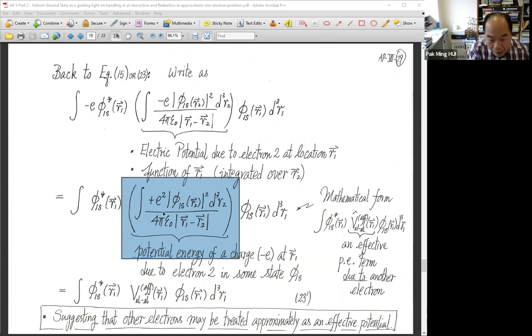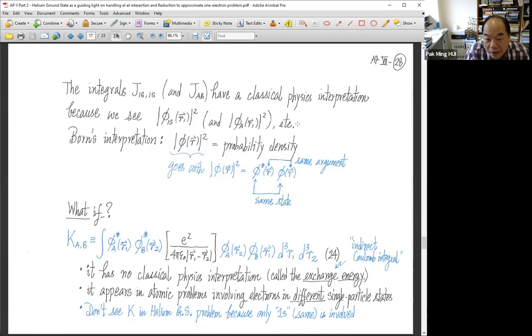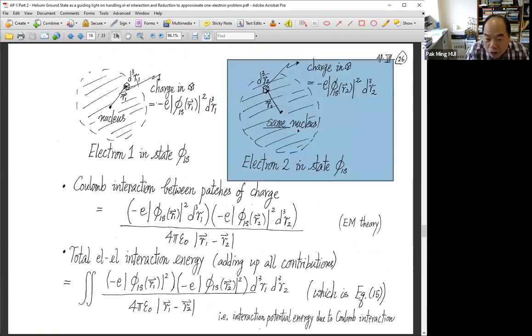And now we can interpret this classically as well. At this point, I'm looking at only this sphere, this mirror out of electron 2. So I'm thinking about a particular position R1 here. I don't change R1, I don't integrate over R1 first. This bit provides a Coulomb potential energy at this point. The other bit will also contribute a Coulomb potential energy at the same point R1.